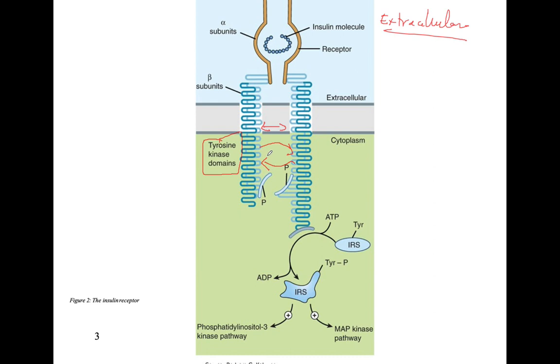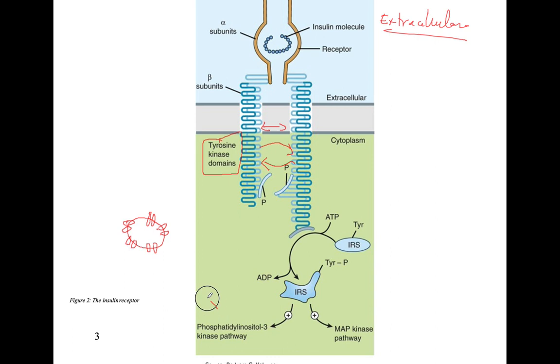So it leads to a cascade of events that is going to cause the glucose transporter 4. Let's say that this is the vesicle where the glucose transporter 4 are located.